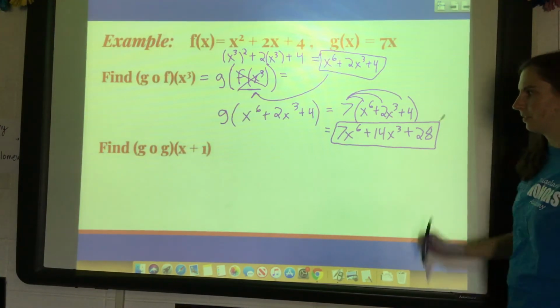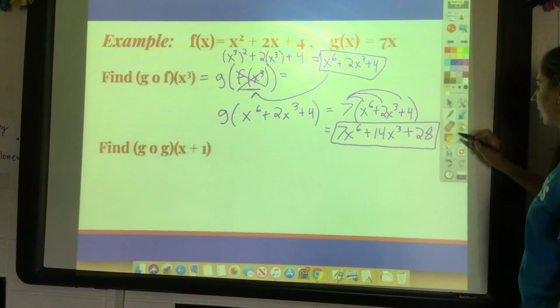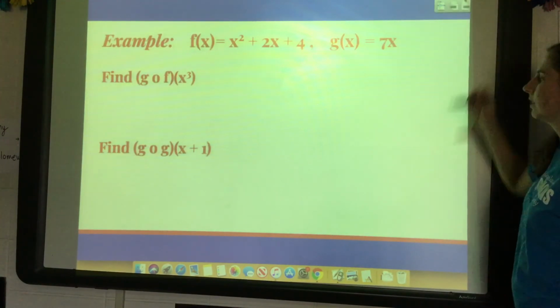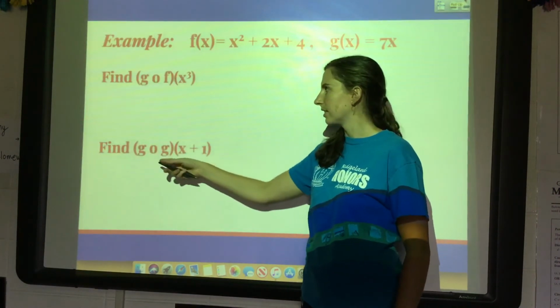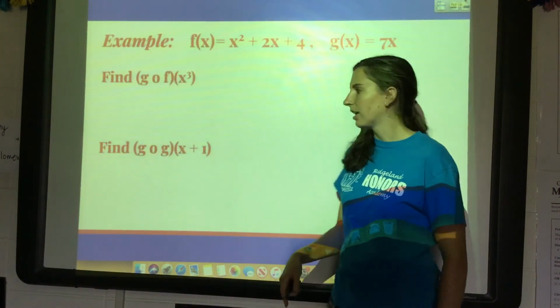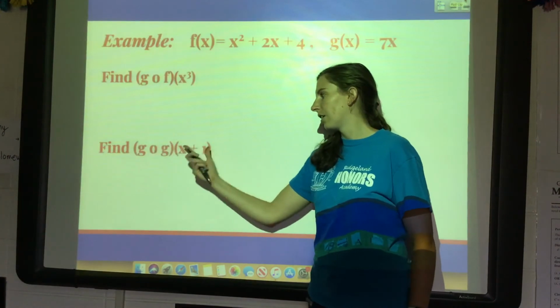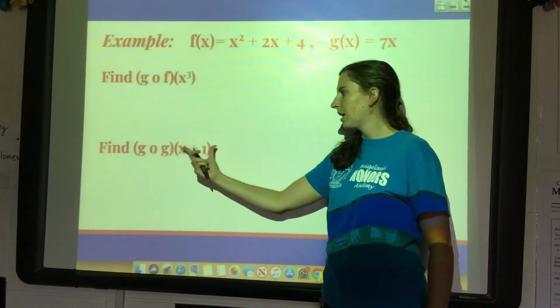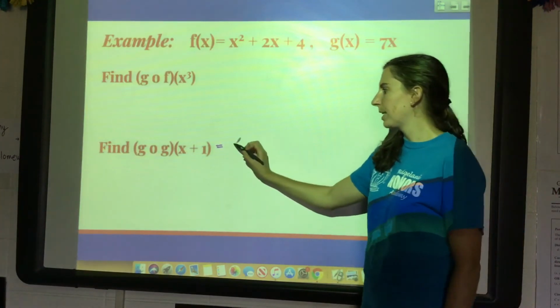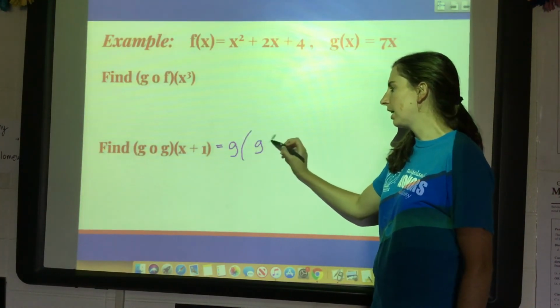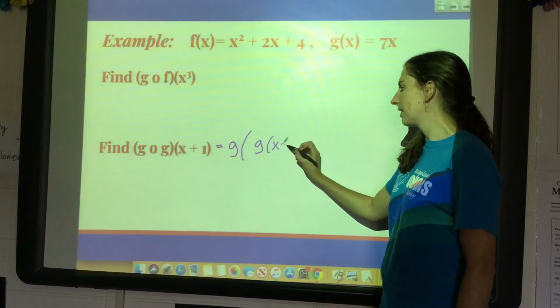Last one, and I'm going to clear this out. Look, I like when it spells words. I'm sure you guys will be pronouncing these as gog and goff and all this stuff, but this is g of g of x plus 1, or g composed with g. So this is basically g of x plus 1.